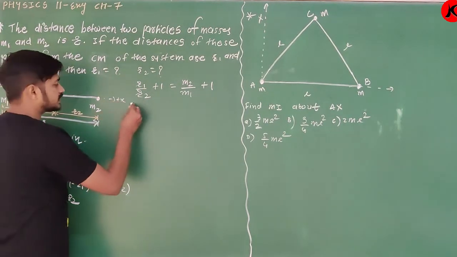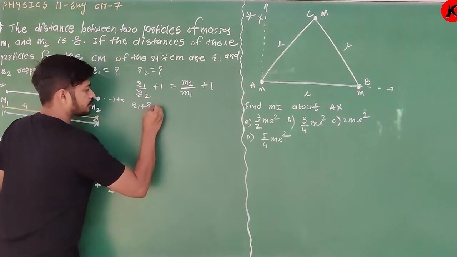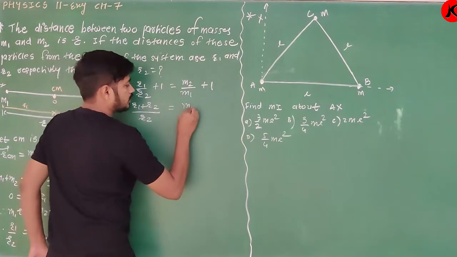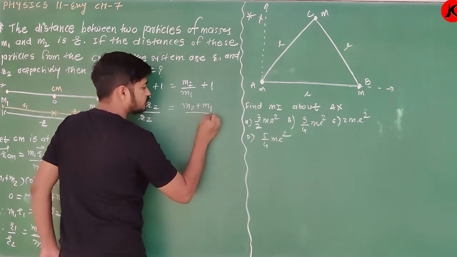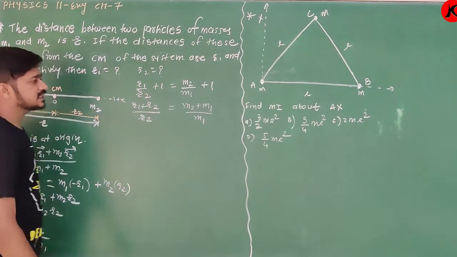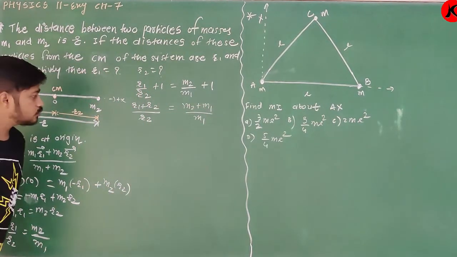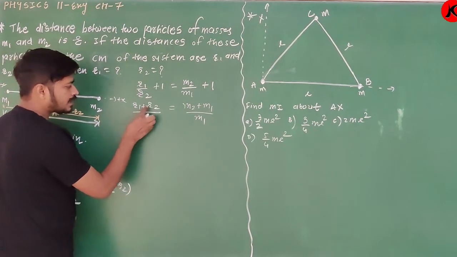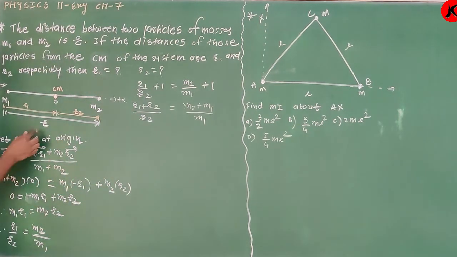So r1 plus r2 upon r2 is equal to m2 plus m1 upon m1. Now r1 plus r2, see in the figure, it is clear.